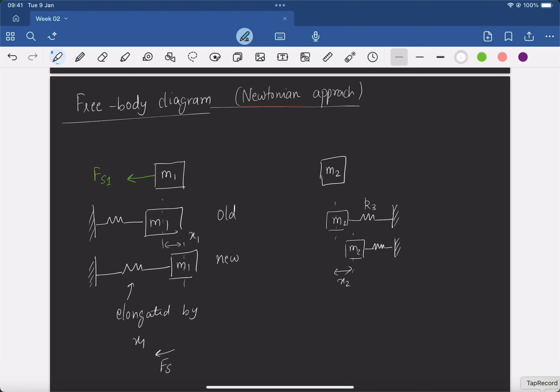The spring here was extended, while here we compress the spring. That means the spring here is going to be pushing the mass in a particular direction. Let's call it spring force S3, right? So if I'm going to write that here, say spring force S3. Sorry, I got that wrong here.